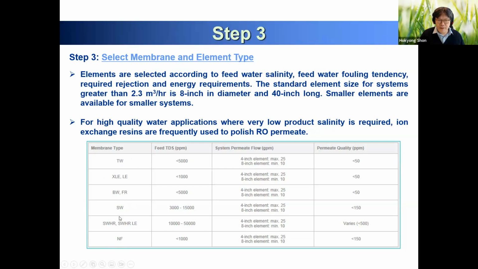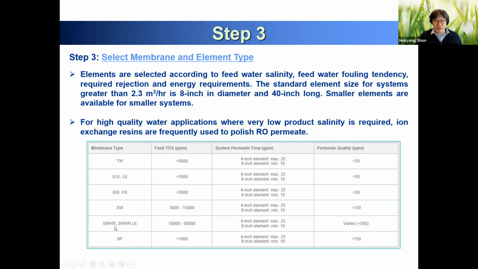If you see the membrane types: TW, BW, SW, SWHR, nanofiltration. They each have their own application depending on the feed water TDS. For brackish water, total dissolved solids are less than 5,000 ppm. Seawater is 3,000 to 15,000 ppm.